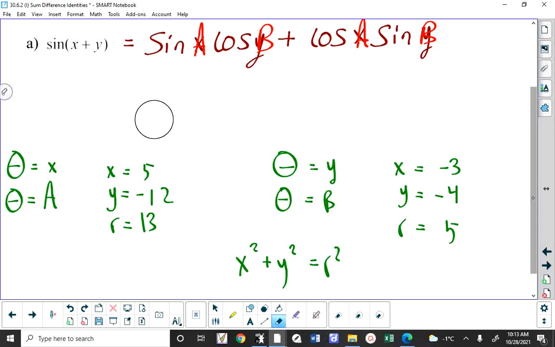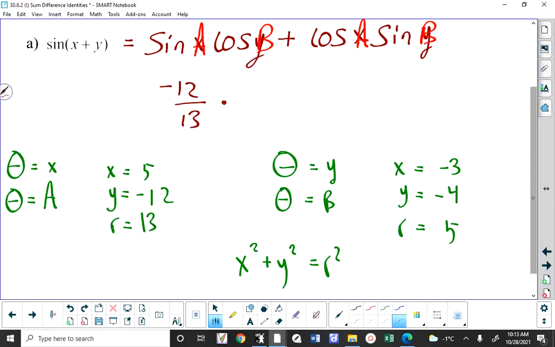You can choose to write this wherever. I'm just going to save time and space and say sine of angle A is y over r, so it's negative 12 over 13, times cosine of angle B, which is x over r, but now I have to look over at angle B. So this was y over r for angle A, now it's x over r.